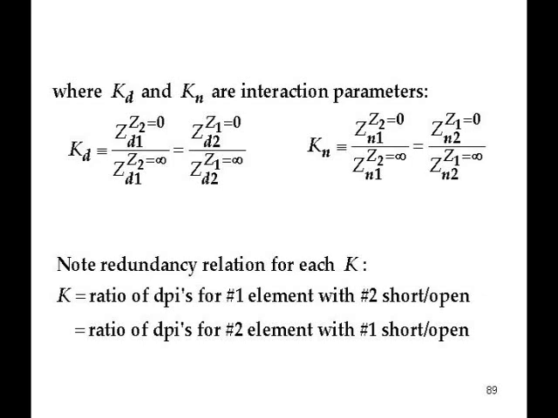You're looking in from element number 1, and you get a different answer for the driving point impedance depending on whether element number 2 is 0 or infinite, short or open. Now, if it doesn't make any difference to the driving point impedance from number 1 whether number 2 is short or open, that means there's no interaction. That means that ratio is 1. Doesn't matter whether Z2 is 0 or infinite, ZD1 would be the same in both cases, and the KD would be 1. That means no interaction.